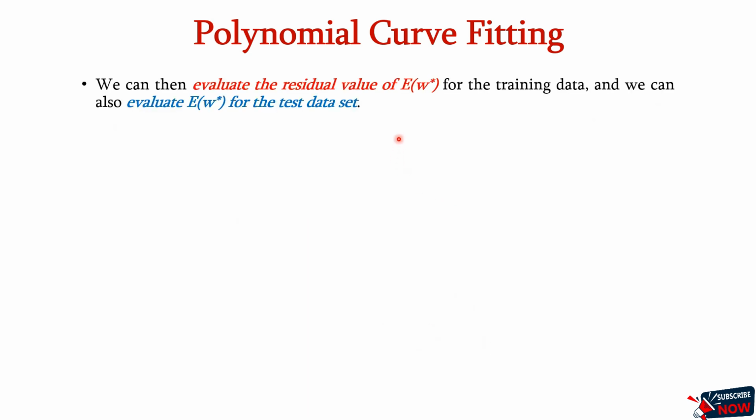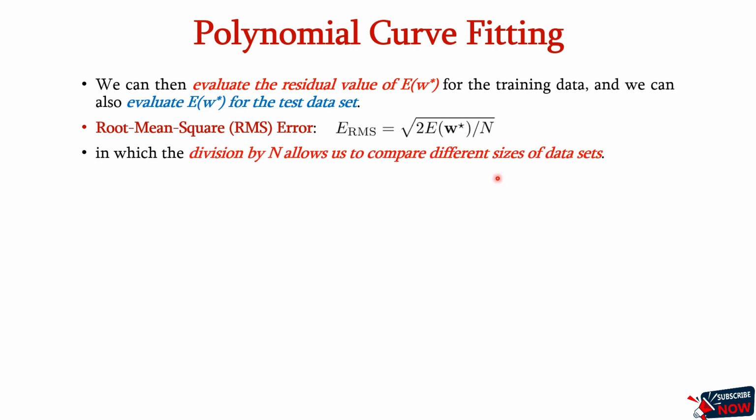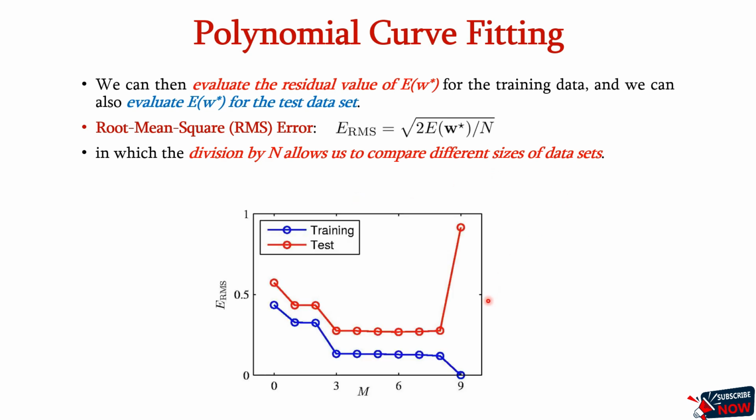We can evaluate the residual value of E(w*) for training data and test data using the root mean square error, which is represented as the square root of 2E(w*) divided by n. Here division by n allows us to compare different sizes of data sets. This diagram illustrates the root mean square error for test data and training data. Here test data is represented with the red line and training data is represented with the blue line.